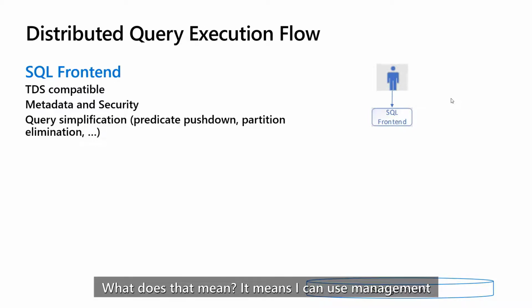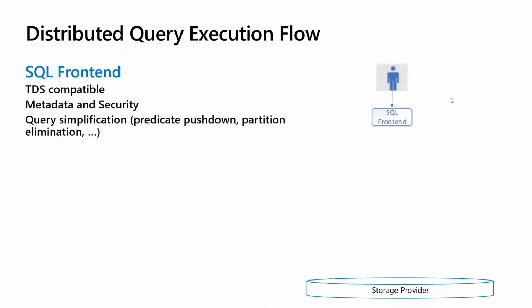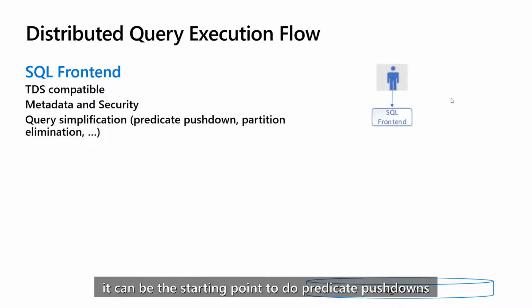It means I can use Management Studio to connect and run queries to this, or other tools or apps that are TDS compatible. And I get all the benefits of metadata and security that I do from a normal SQL. And since the query processor is inside the SQL engine, it can be the starting point to do predicate pushdowns and partition elimination, things that the query processor in SQL is really good at to start the flow of execution.